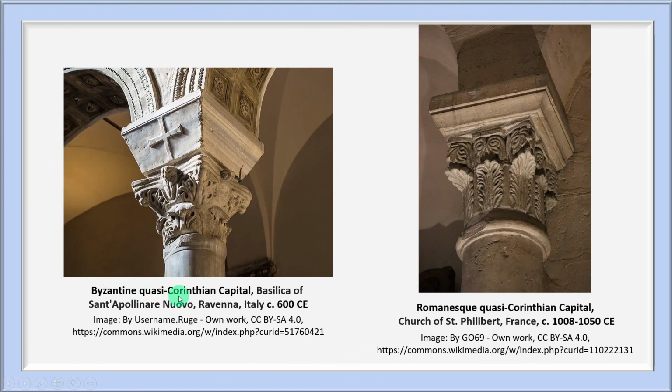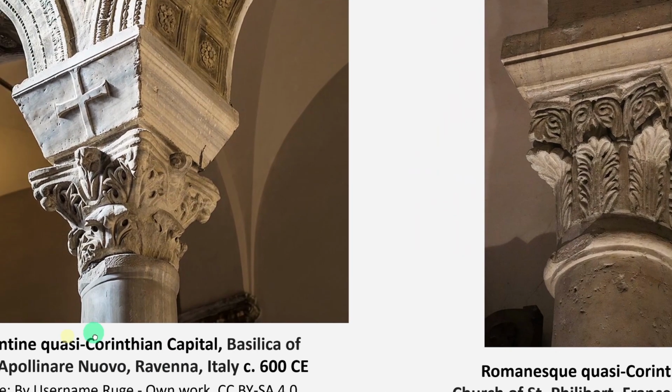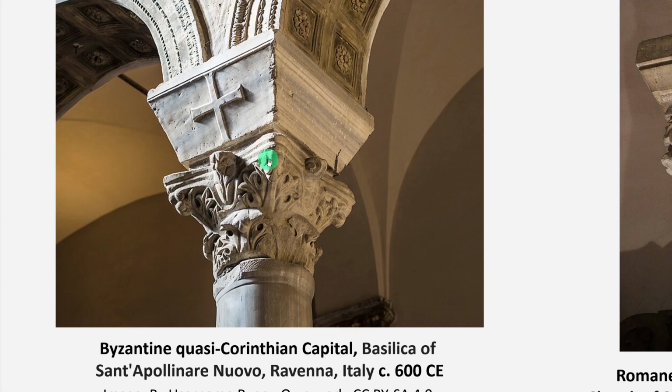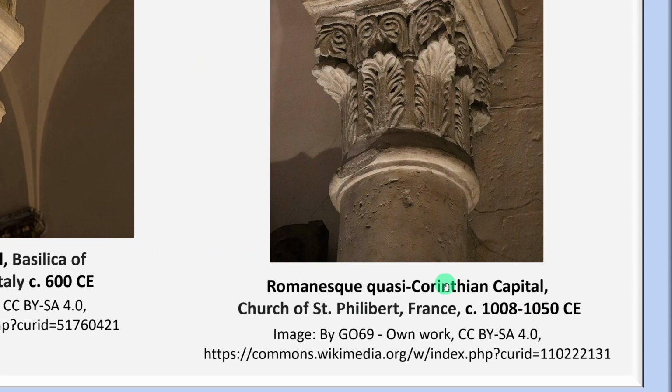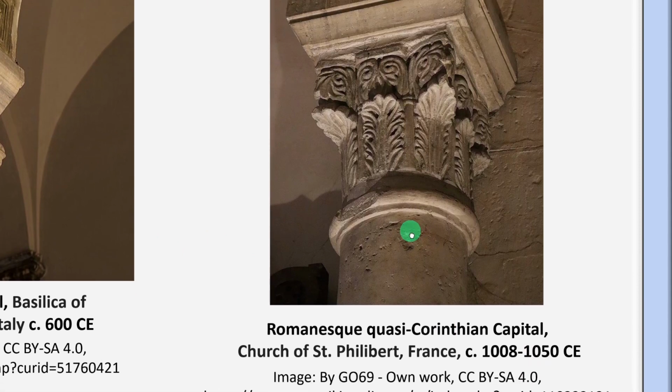A Byzantine quasi-Corinthian capital, Basilica of Sant'Apollinare Nuovo, Ravenna, Italy. Quasi-Corinthian means related to the Corinthian capital, but not exactly. Quasi means nearly related. These are the acanthuses. Then a Romanesque quasi-Corinthian capital in the church of Saint Philibert, France.